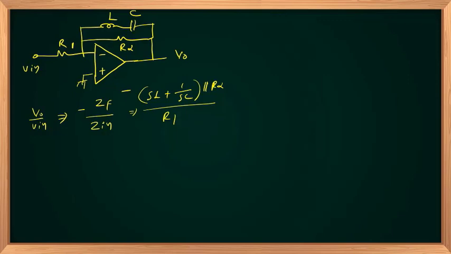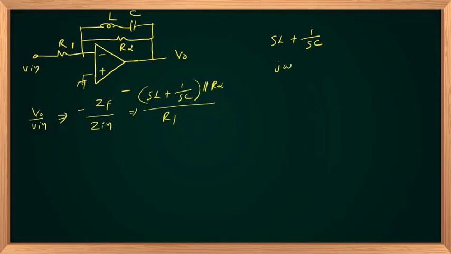Instead, our aim is to identify the type of filter. As you know, the series LC circuit will have an impedance sL plus 1 by sC.